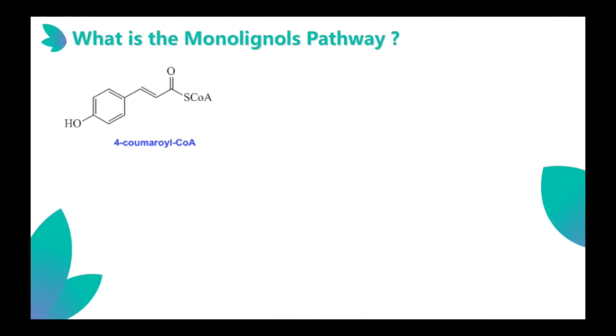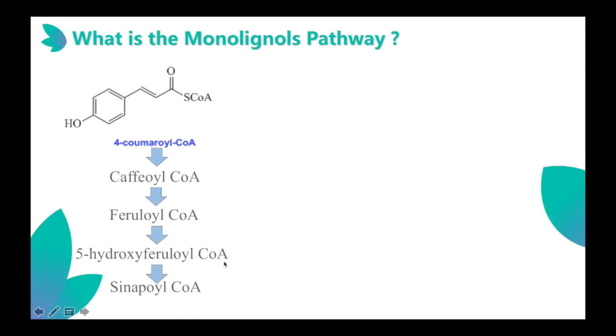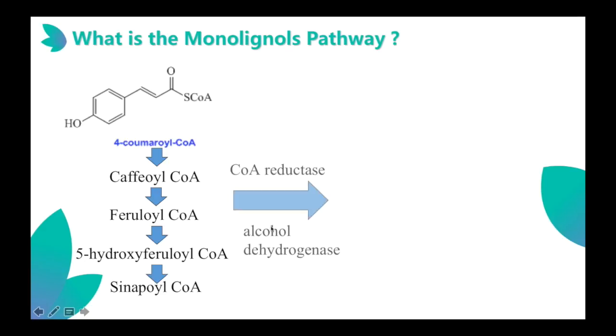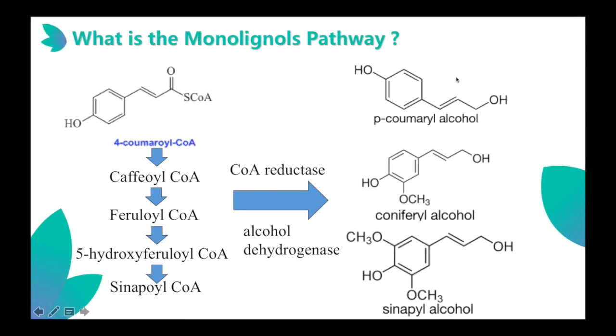Now I will talk about how the 4-coumaroyl coenzyme A is converted to lignin and lignans. The 4-coumaroyl coenzyme A can convert to this acid coenzyme A, and this acid coenzyme A can be converted by coenzyme A reductase and alcohol dehydrogenase to form its alcohol.